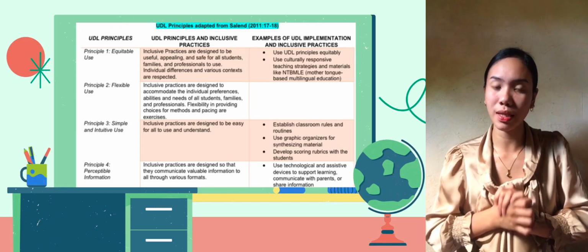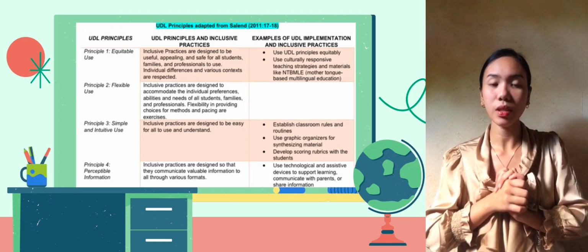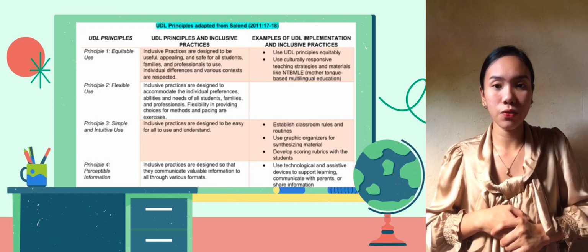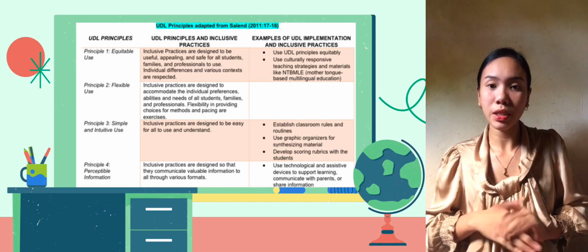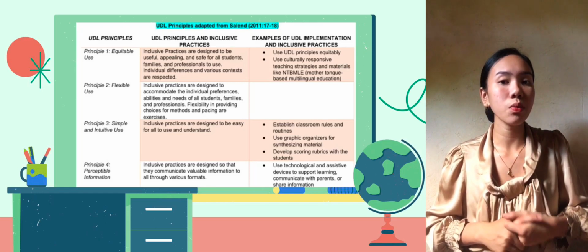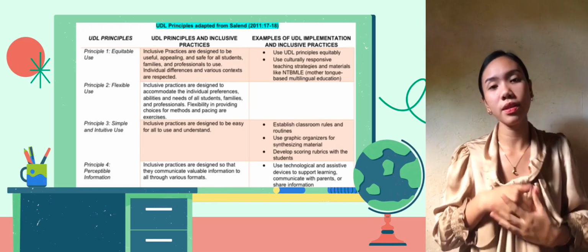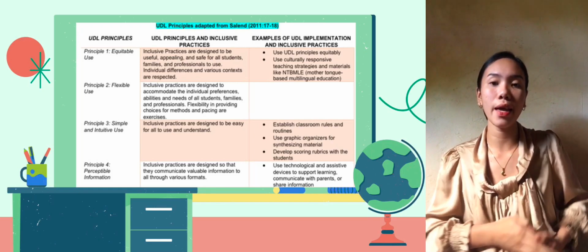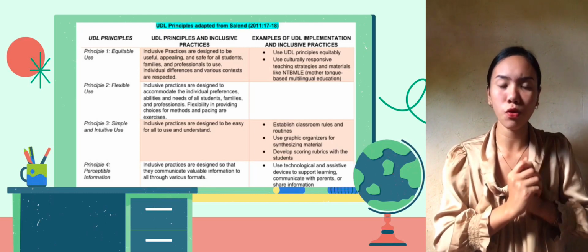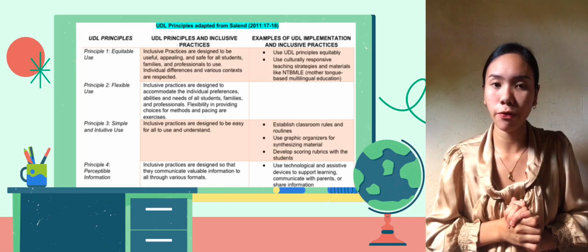This is the most important thing, and this is very easy for us. And then, number 2, use graphic organizers for synthesizing material, of course. Then develop scoring rubrics with the students. When we are going to have a quiz, we need to have these rubrics so that students can analyze, and of course they are easy to understand. So let's proceed to principle number 4.